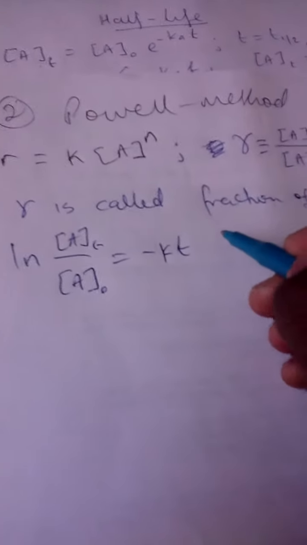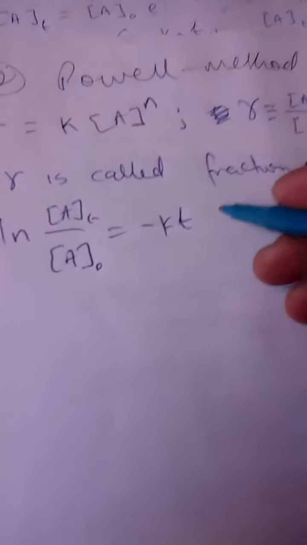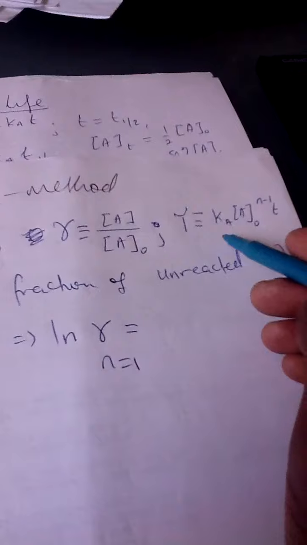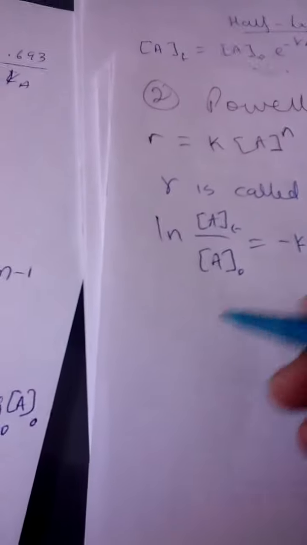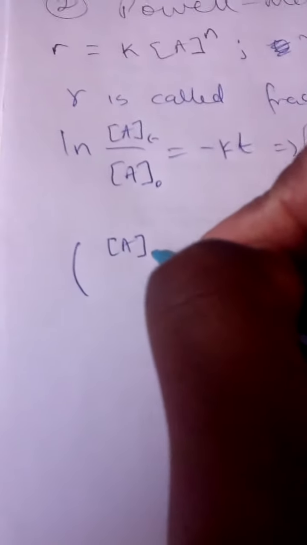If I plug this in, I would have ln lambda equals minus tau for n equals 1. Now go back to the nth order reaction.